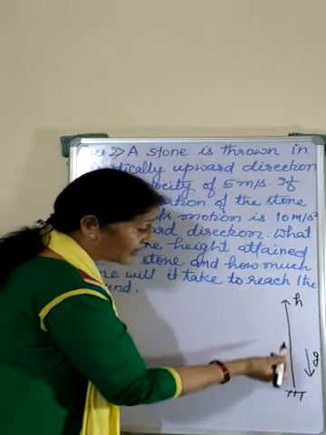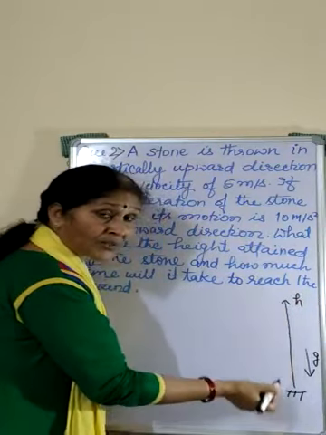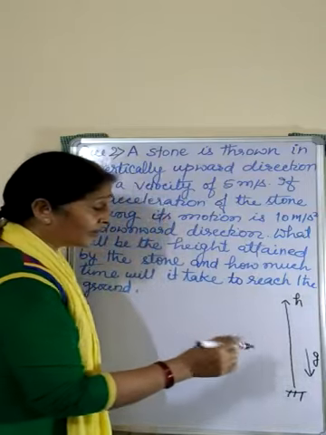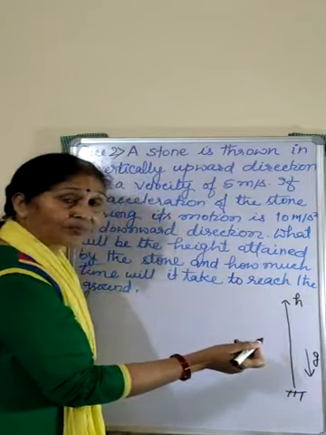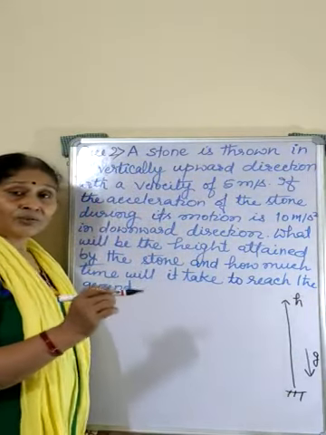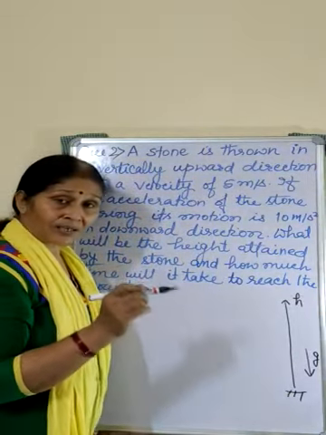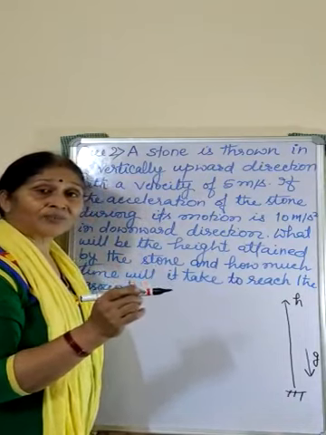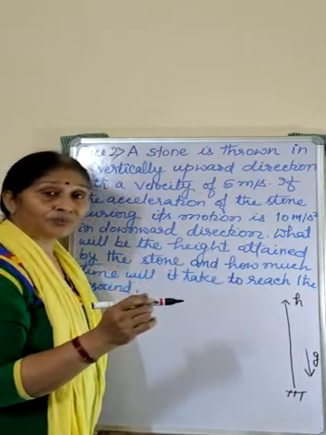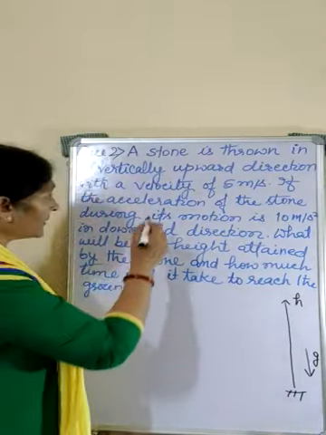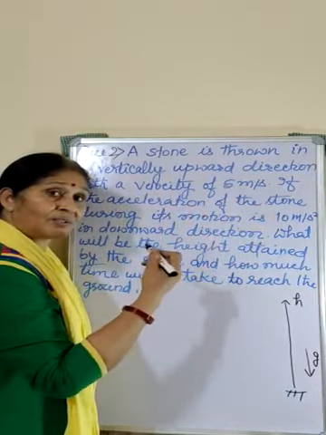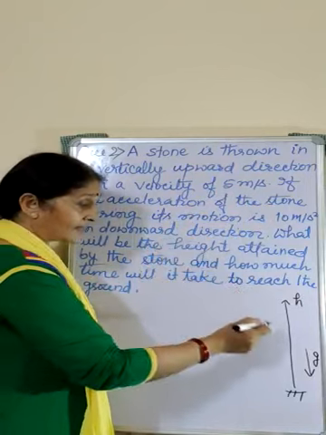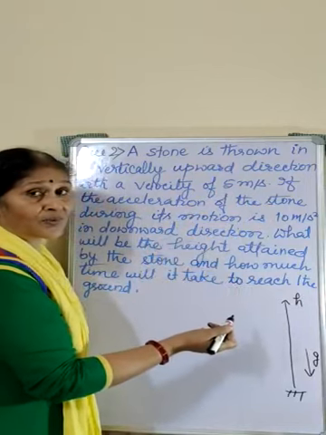First find the maximum height attained by the stone. At maximum height the velocity of the stone becomes 0. So the initial velocity is given as 5 meter per second, the final velocity will be 0, the acceleration is also given, and we have to find the distance, the height.